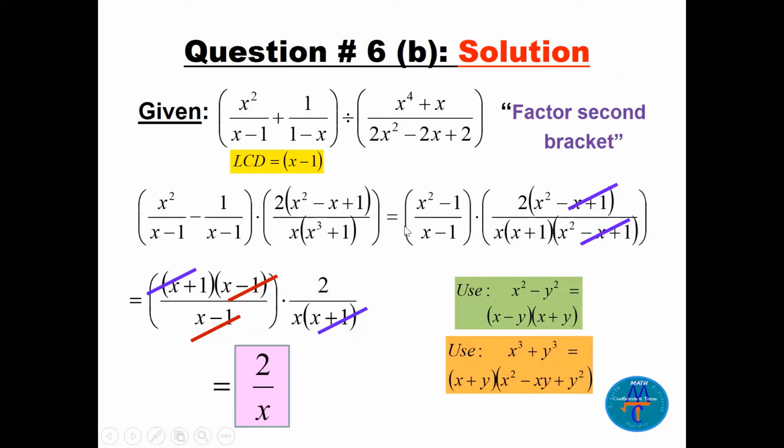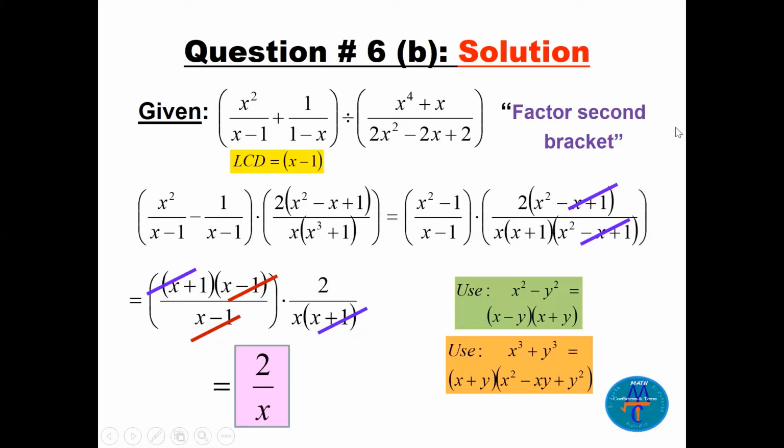Now, x cubed plus 1, there is a factoring, as I mentioned, the formula is there. So it's x plus 1 times x squared minus x plus 1. You have to remember this formula for the cube. Also, there's another one for the minus. If you have a minus in the middle, this becomes minus, this becomes plus, and this is always plus.